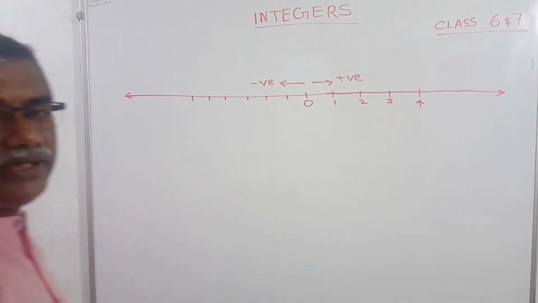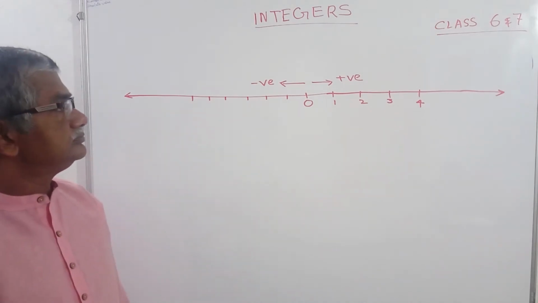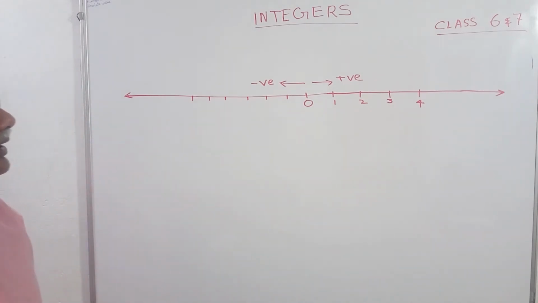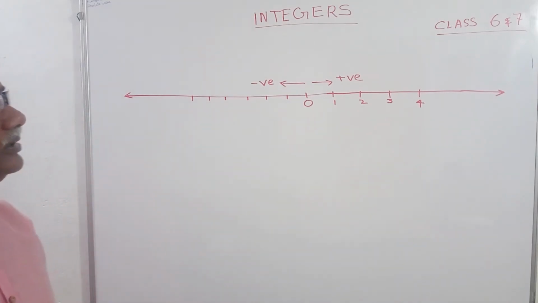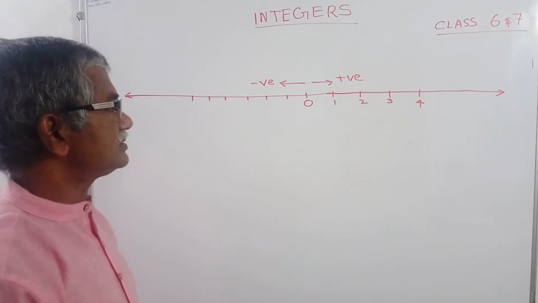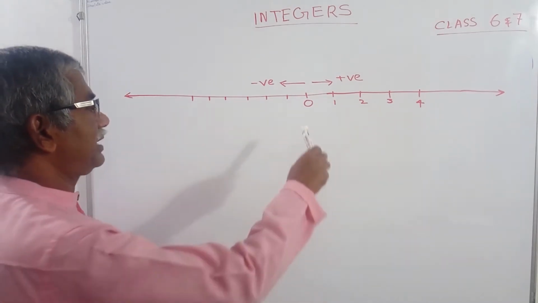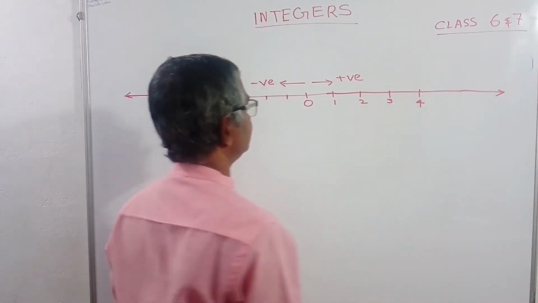Dear friends, we are learning integers today. It is usually learned in classes 6 and 7 in the state and CBSE curriculum. In the previous classes, you learned the number line from 0 to 1, 2, 3, 4, and so on.